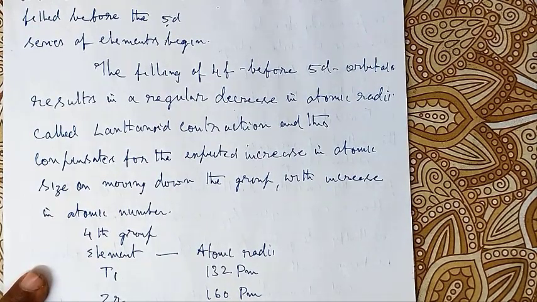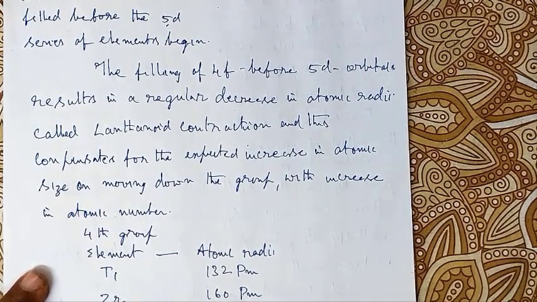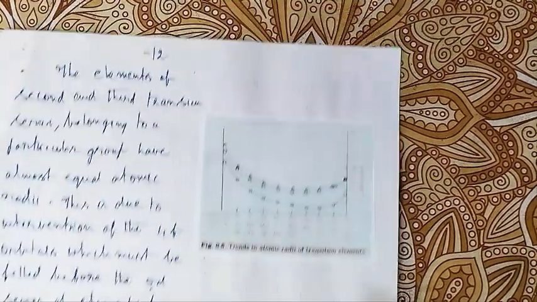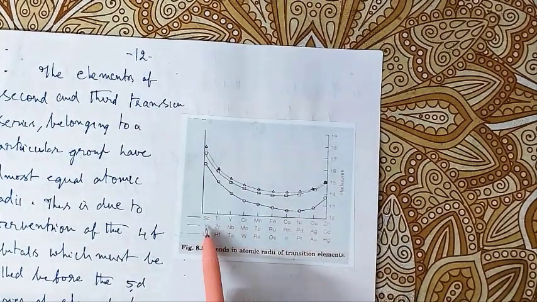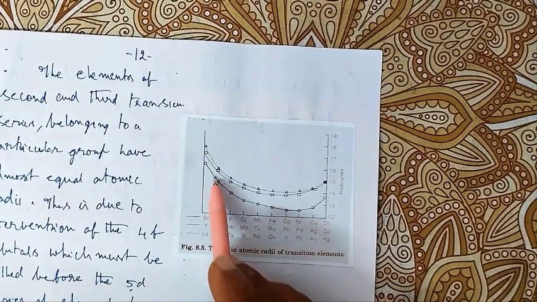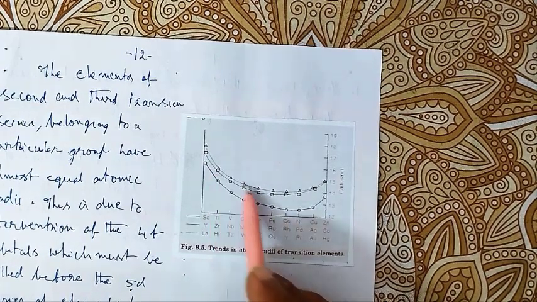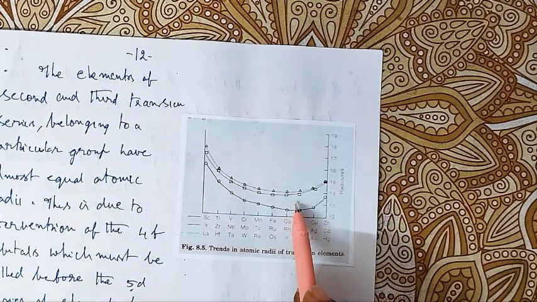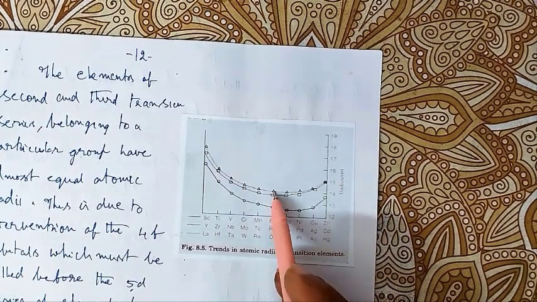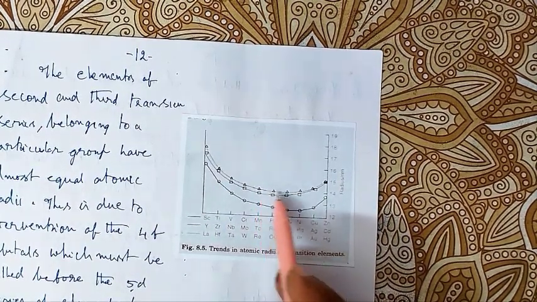From fifth period to sixth period, the size is almost the same. This is due to the lanthanoid contraction. And here you can observe the 3d series, 4d series, 5d series. So there is a regular increase from 3d series to 4d series, but from 4d series to 5d series the increase is very less.